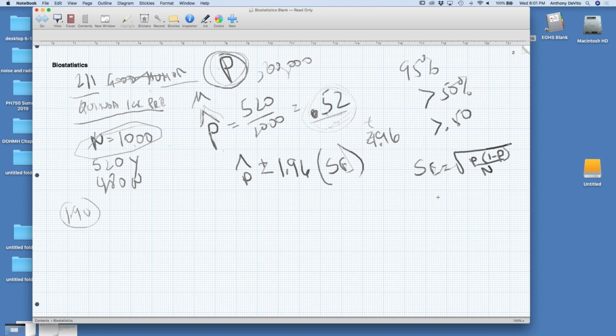Okay, so standard error. Well, I don't know what P is, so the only thing I can substitute for P is 0.52. So the square root of 0.52 times 0.48 divided by the 1,000 sample size. So now I'm going to go get my calculator.